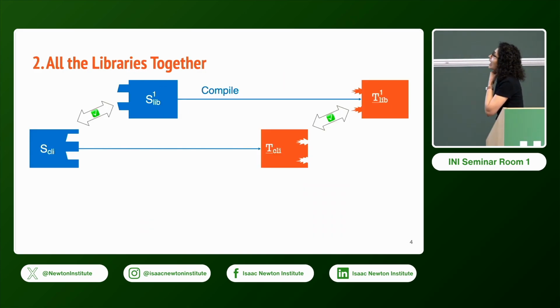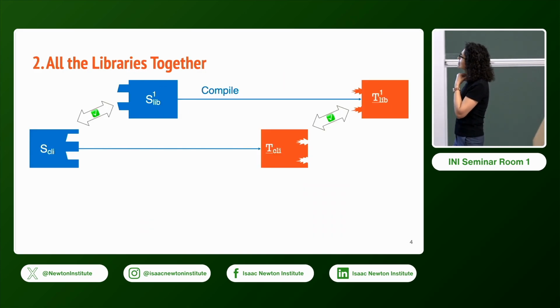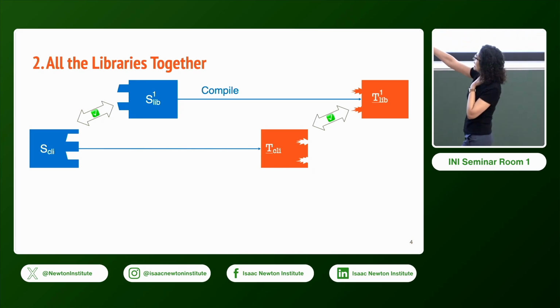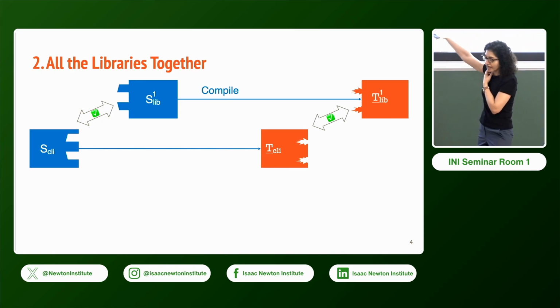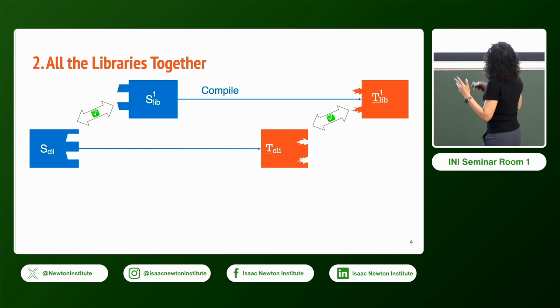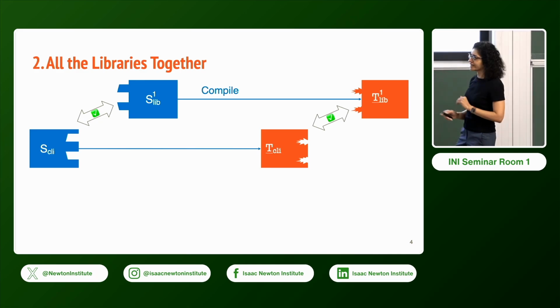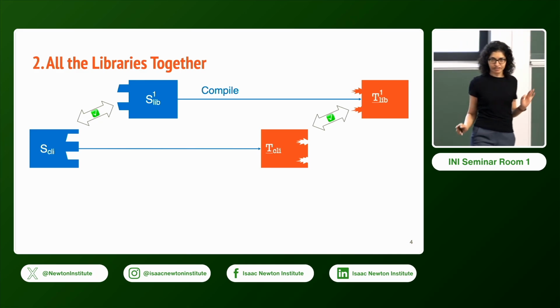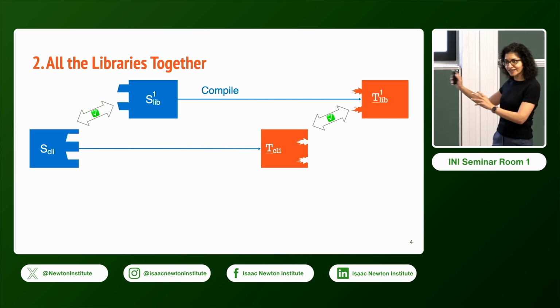Next example, libraries. So let's say I am a client, and I'm using some library written in the source language, and I'm labeling it slib1 because that's my version 1. And these are compiled down to the target code, and right now we know that they link together perfectly. They interoperate. I as a client can use this library.